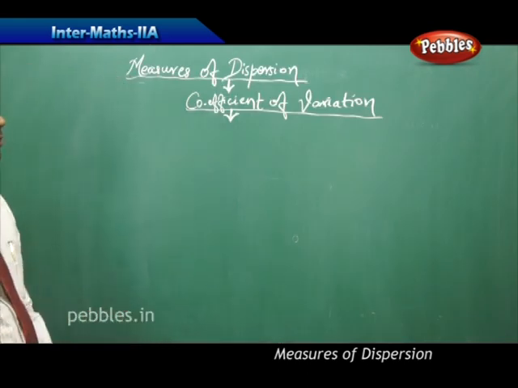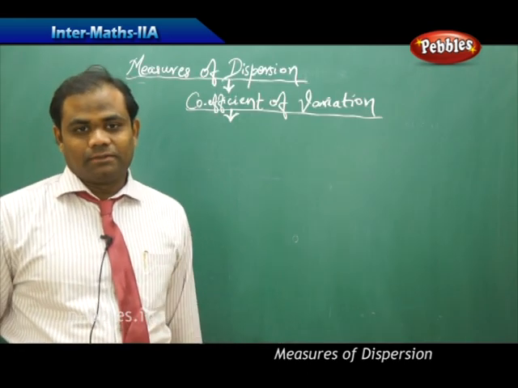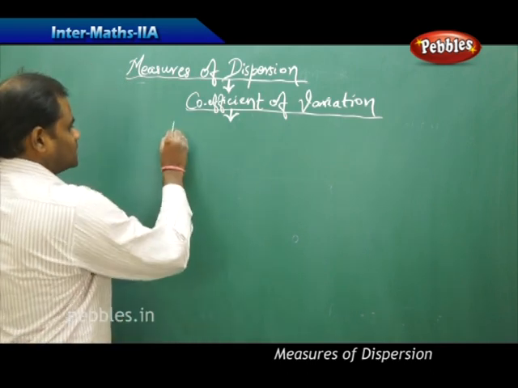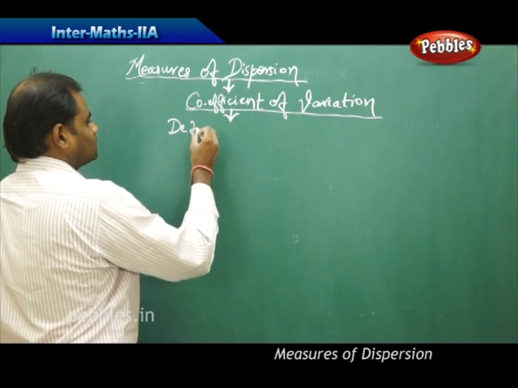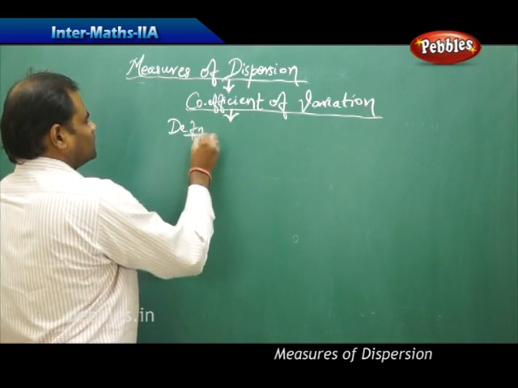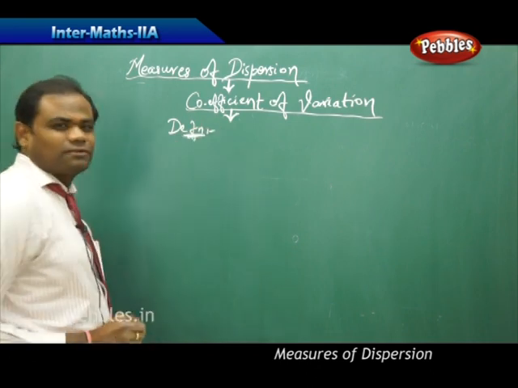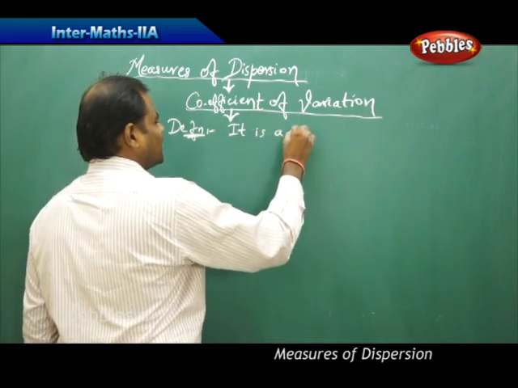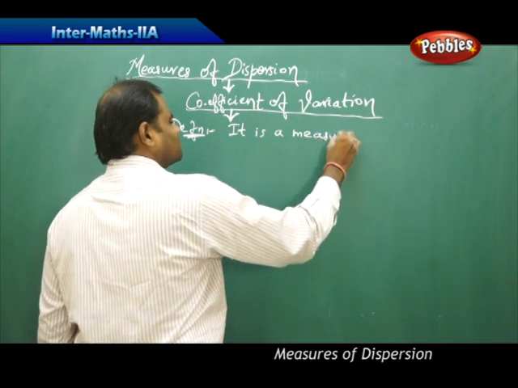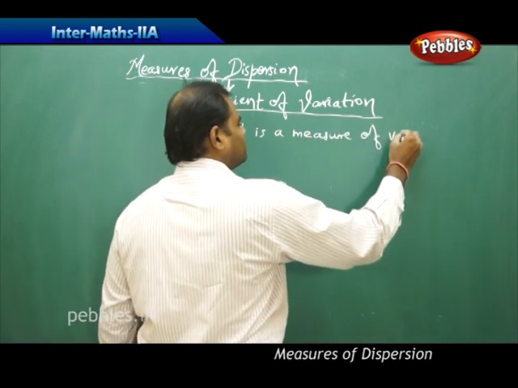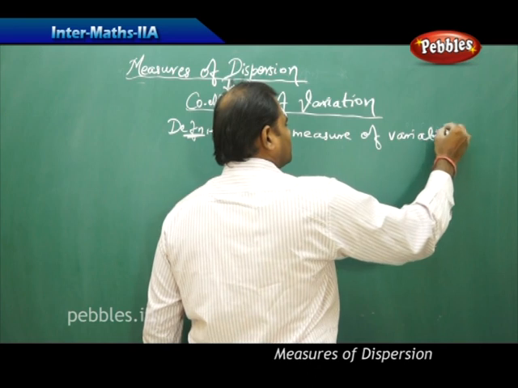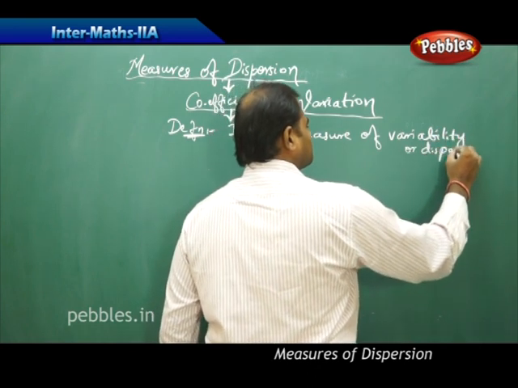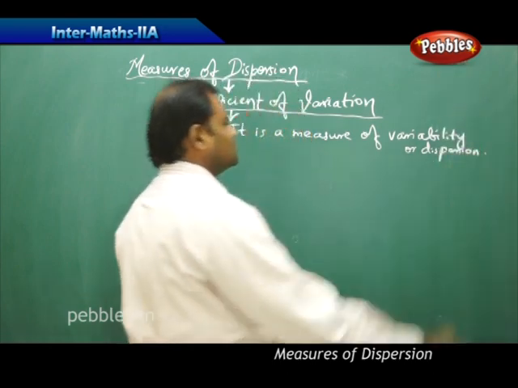The next is coefficient of variation. What is coefficient of variation? The simple definition is that it is a measure of variability or dispersion.